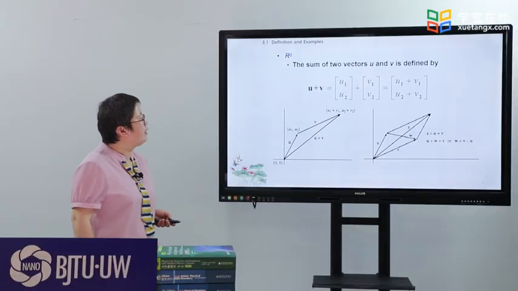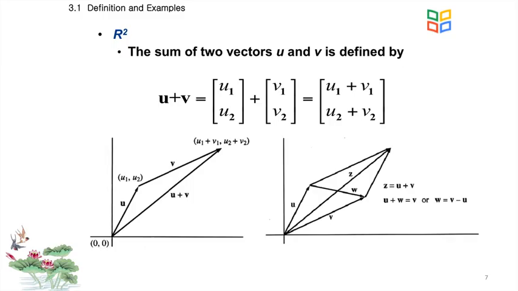Okay, and in R2, we also can compute the sum of 2 vectors, u plus v. u plus v you can just write as the addition of its components respectively. You do the summation, so you get u1 plus v1 for the first component and u2 plus v2 for the second component.